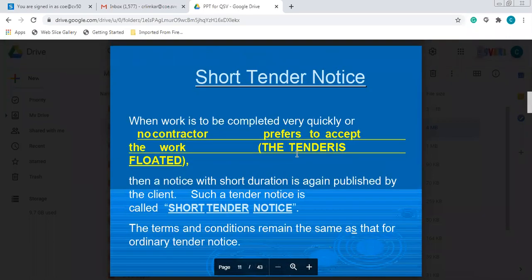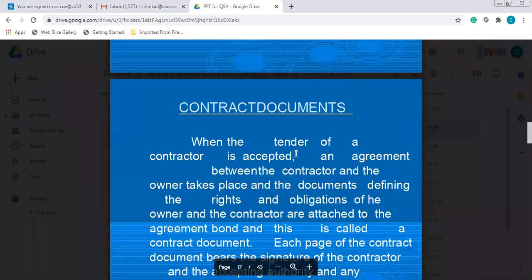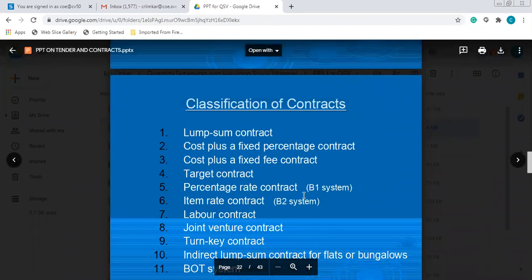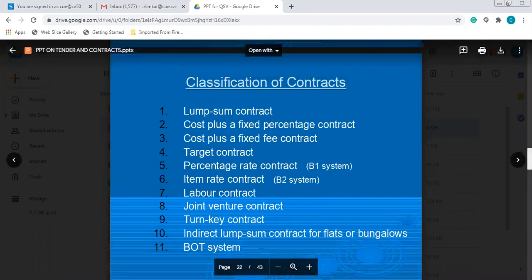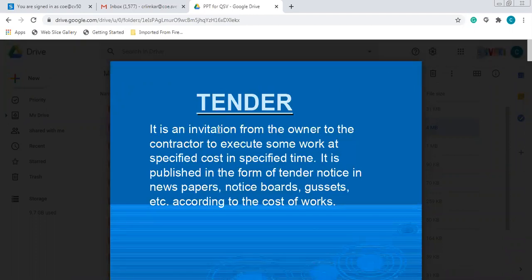We are going to discuss that in detail over the next few lectures. Without wasting any time, I'm directly starting with the next part of this subject, section 2, unit number 5, that is tendering and contracts. Those who have missed the previous session can join now also.